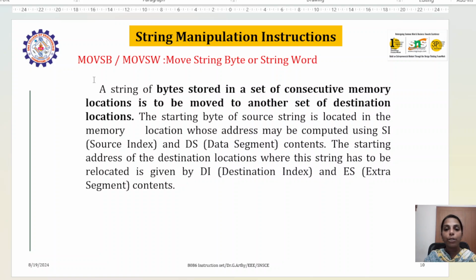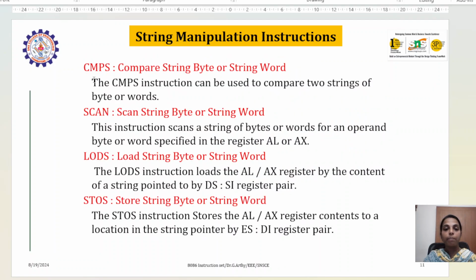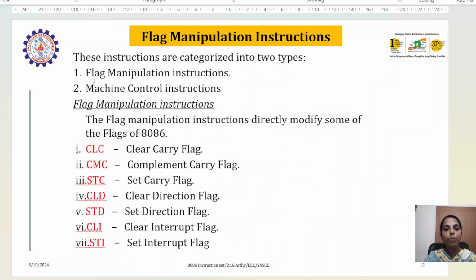MOVSB denotes move string byte, and MOVSW means move string word. Byte is 8 bits and word is 16 bits. Then other instructions are CMPS, compare string, SCAS, scan string byte, and similarly LODS, load string, and STOS, store string. All these are used whenever string manipulation has to be done.